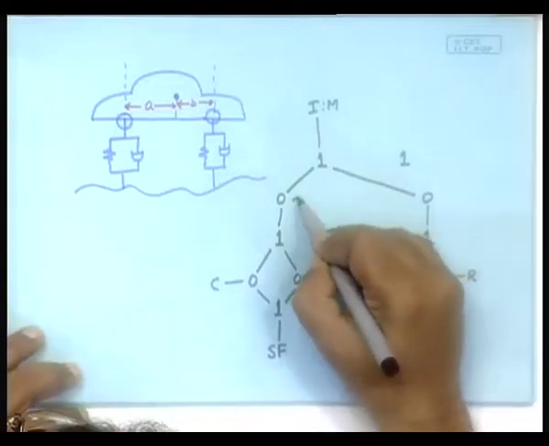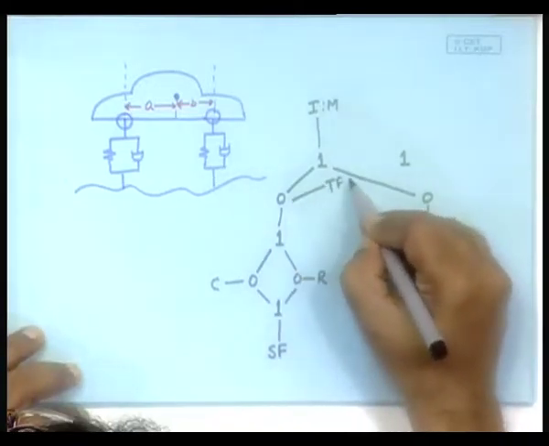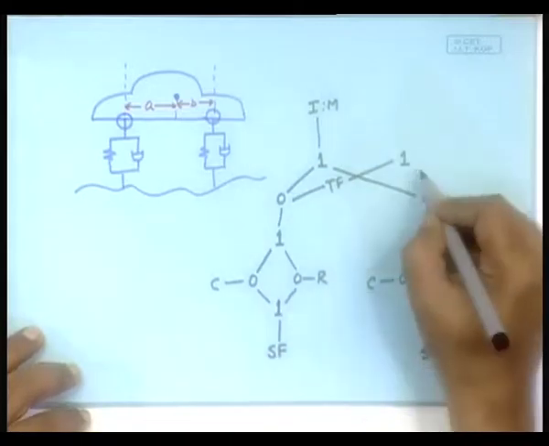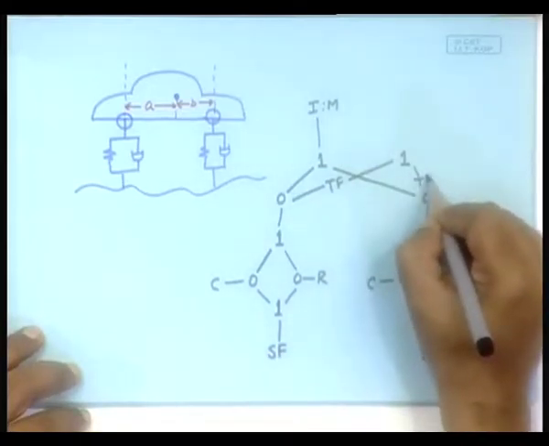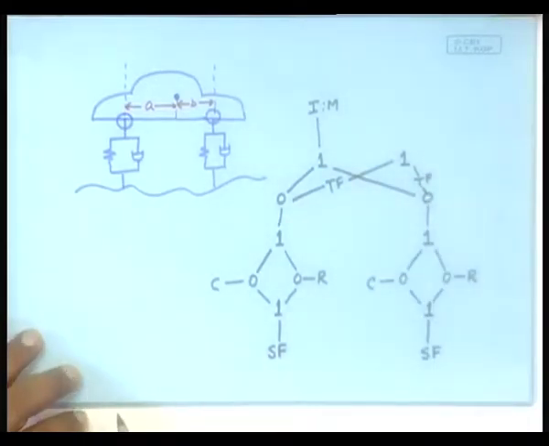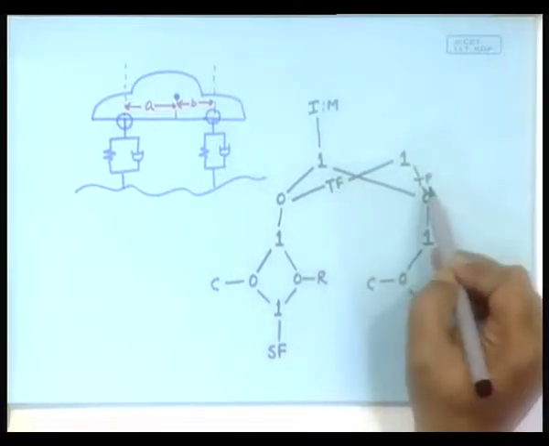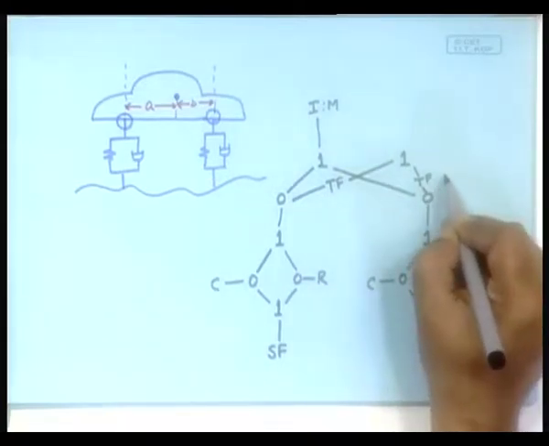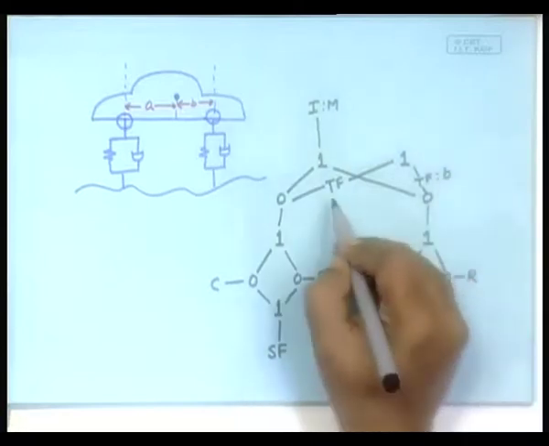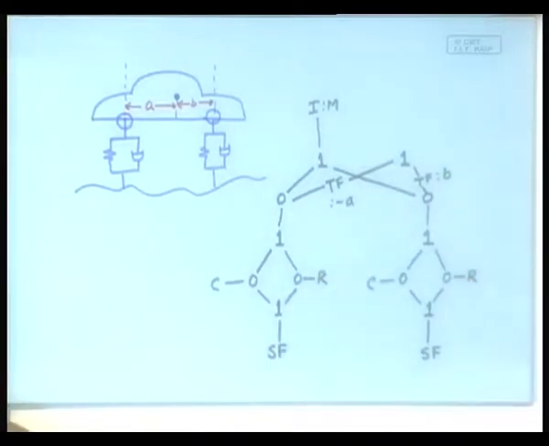So, it will be a transformer connected to this, and here also there will be a transformer connected to this, and the transformer ratios will be B and minus A. So, this side will be B and this side will be minus A. Okay.